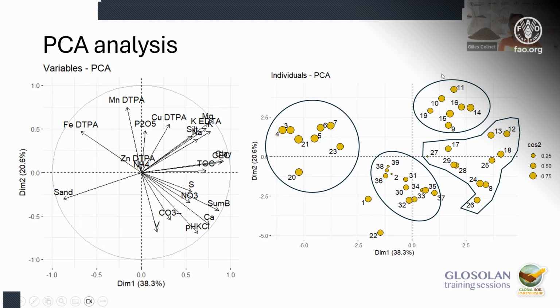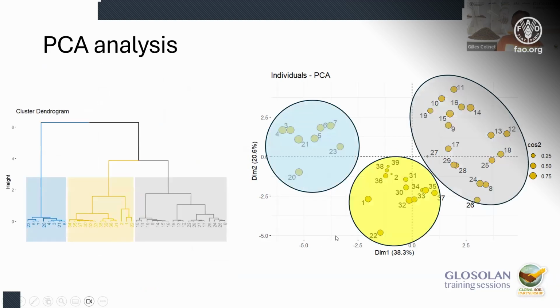And at the other side, you probably have one group which should be richer in calcium, magnesium, silt, more loamy. Here, the more clayey group. So you can say, okay, maybe I make 4 groups and I still have some points here which are maybe close to that one, but I don't know exactly where I will put them.